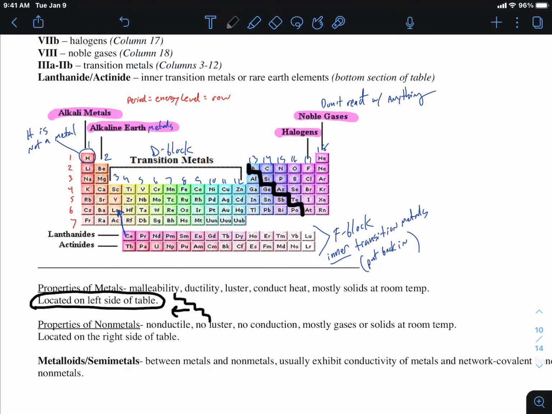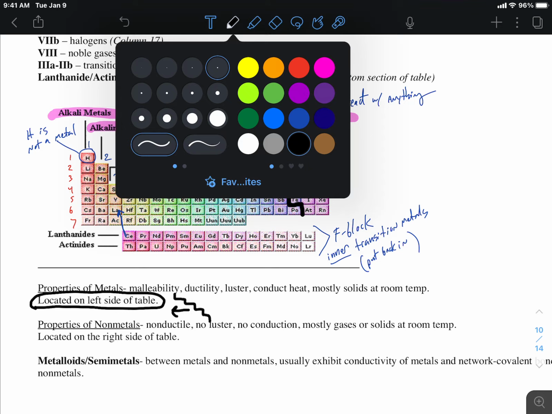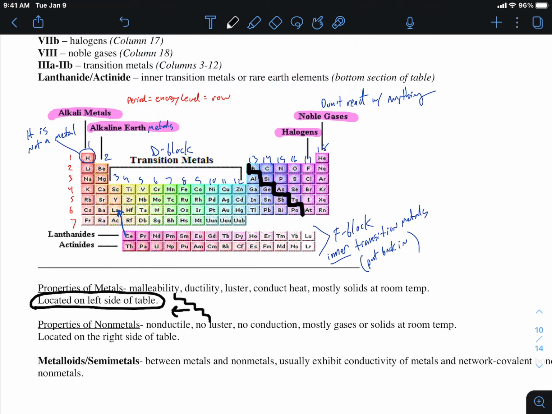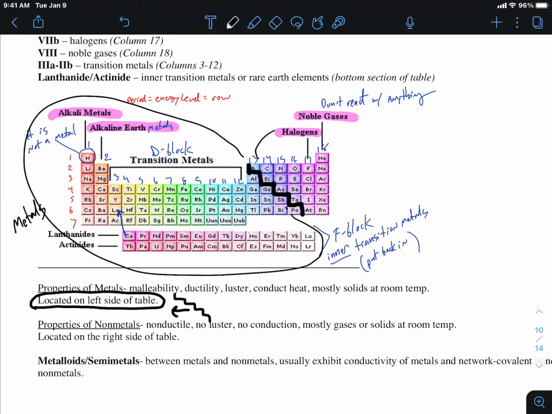All of these are metals. So what that means is you've got a small portion of the elements of the periodic table which are called nonmetals.